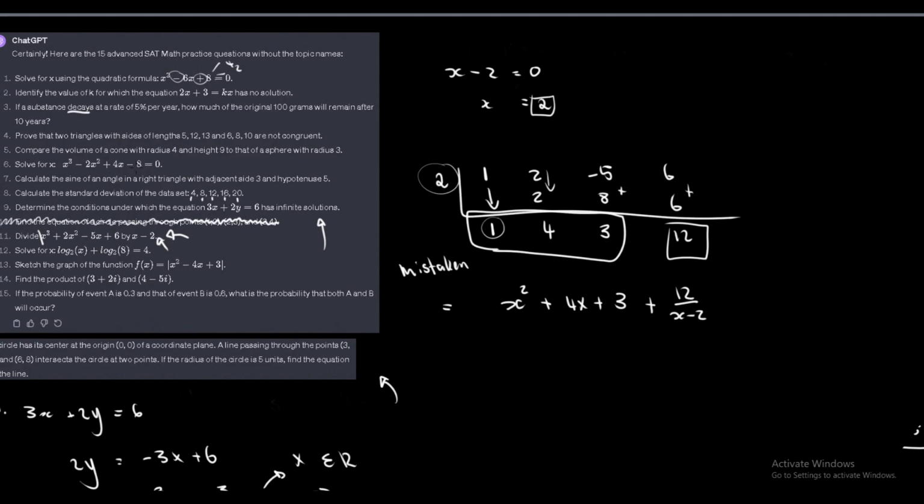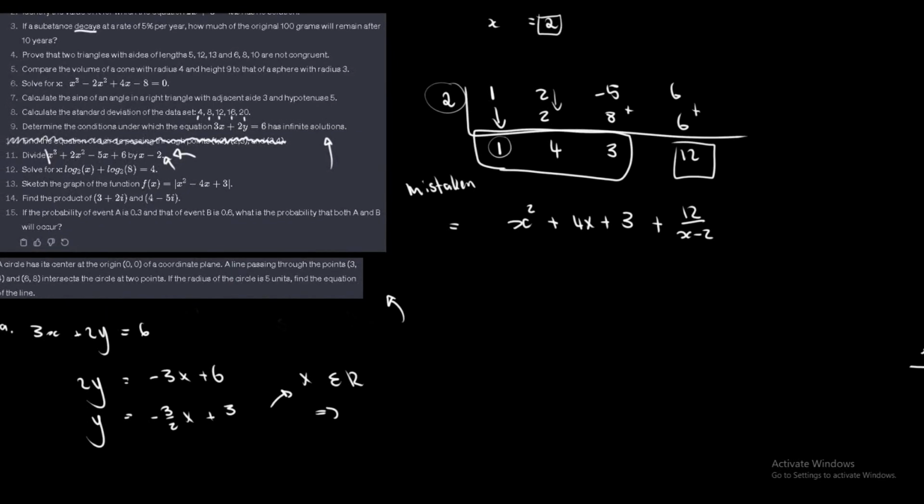I can't see any mistakes I made though. Let's see. 1, 2, negative 5, 6. So it's going to be 2, bring down, 2, 4, bring down. Yeah, I don't find any mistakes. So I'm going to leave it like that for now. If I did make a mistake, I'll correct it later. I could be wrong, but it's fine.